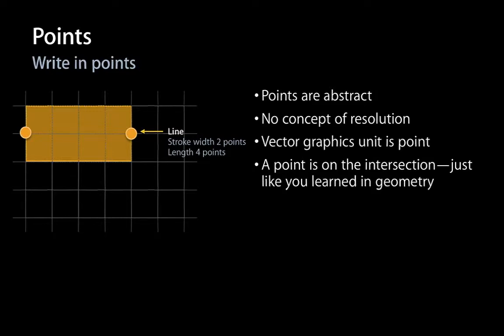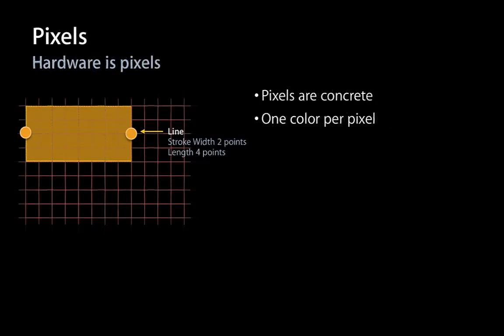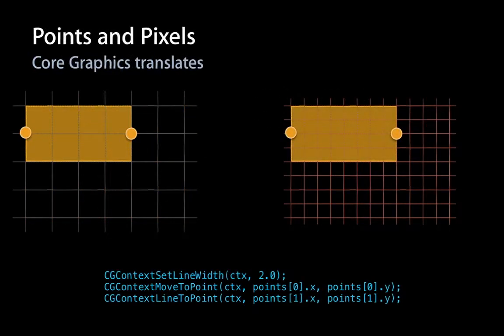And an important point to keep in mind is a point is at the intersection of two pieces of your number line, your X and your Y, just like you learned in your geometry class. On the flip side, though, of course, pixels are concrete. They're physical. They're either there and on, or they're off. And if they're on, they have one color value. They can't have multiple color values. And so what Core Graphics does for us is the translation between those two things.